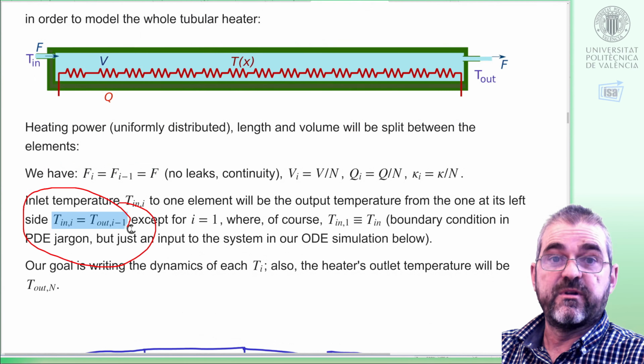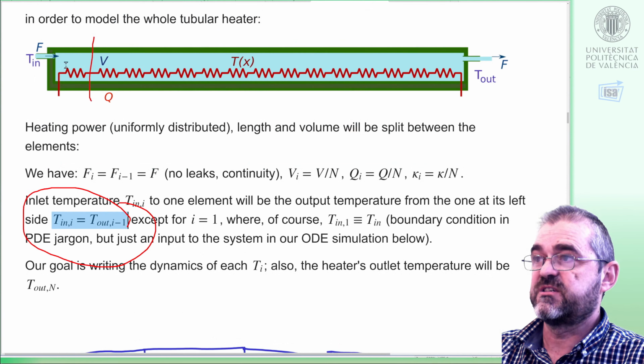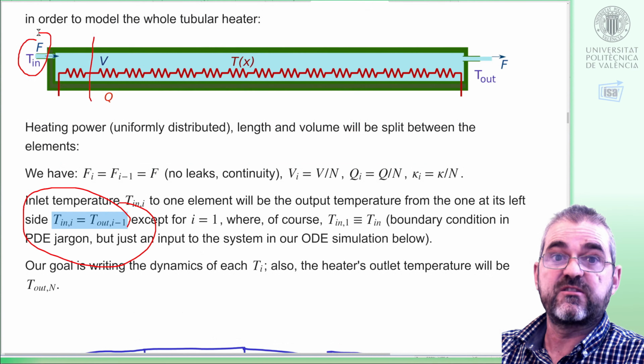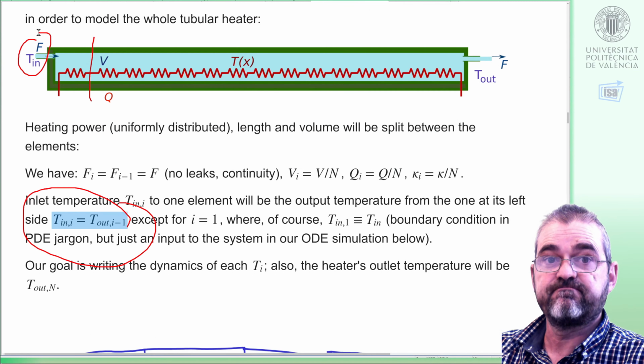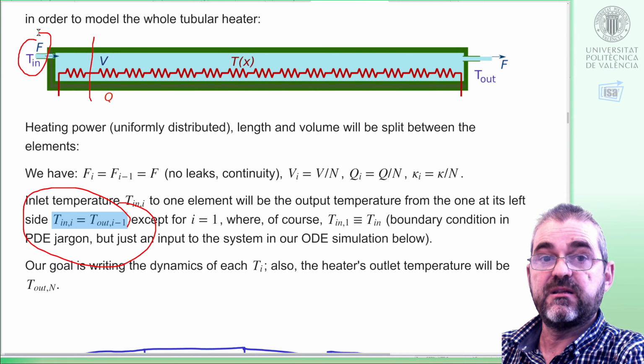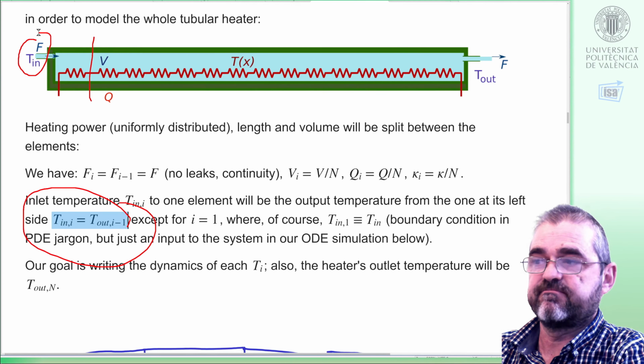So we will set up this equation, except of course for the first element, in which its inlet temperature will be the actual inlet temperature for the exchanger. So it will be an input in our simulation. Boundary condition in PDE jargon, but just an input signal in our simulation, that's it.